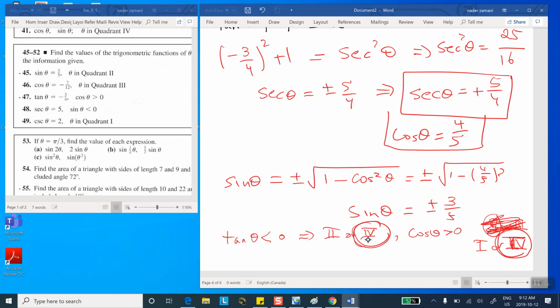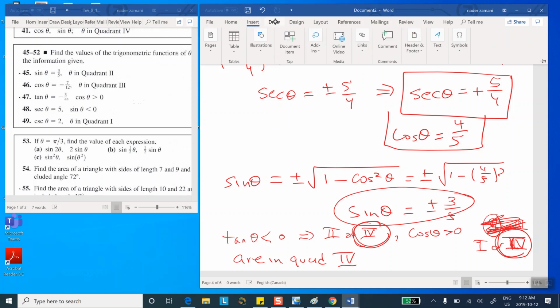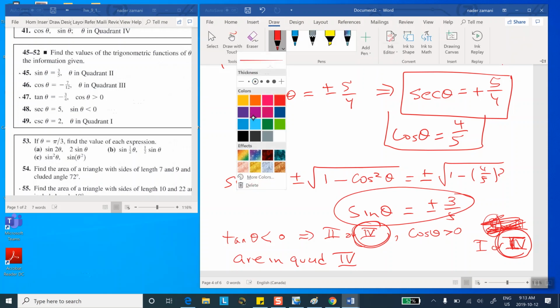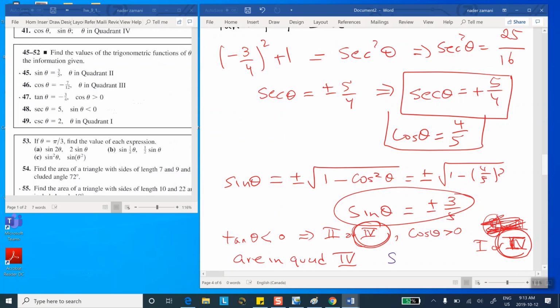No problem. Cosine positive, you're either in 1 or 4. So if both of them are true, you are in quadrant 4, right? And if you are in quadrant 4, sine is negative. So the answer for sine is sine of theta equal to negative 3 over 5. And of course, cosecant is negative 5 over 3.